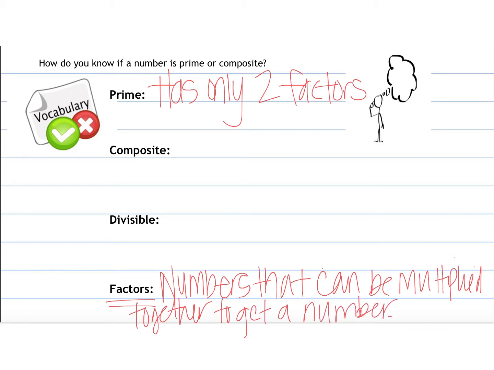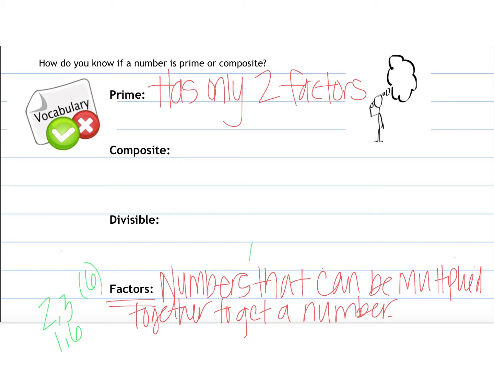So, for example, 2 and 3 are factors of 6 because 2 times 3 equals 6. 1 and 6 are also factors of 6 because 1 times 6 is 6.